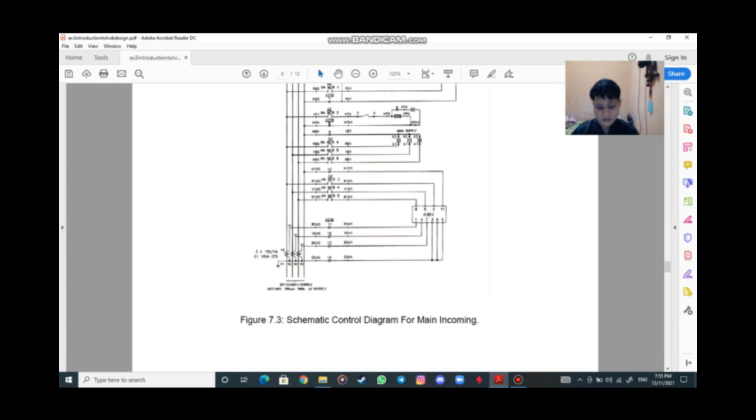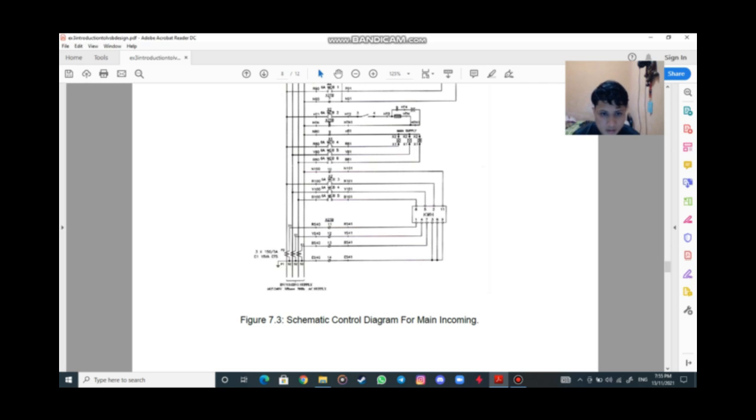We can check the diagram if you want to confirm that it is 3 phase. Here we can see it has 4 lines, with the colors red, yellow, blue, and the last one is the neutral line. The red line, yellow, blue, and E for neutral.